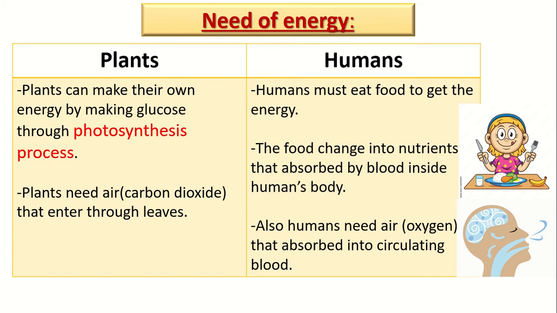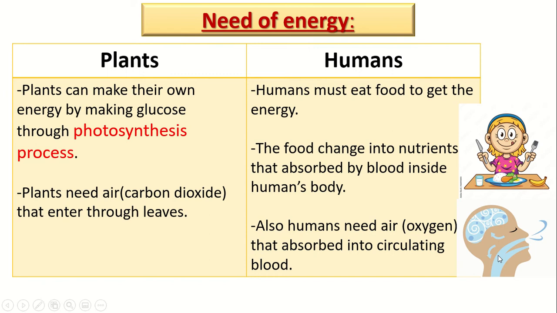Who is the delivery in our body? It is the blood. Excellent. So the blood is the delivery in our body. It will get the nutrients from the digestive system and give them to all the body.